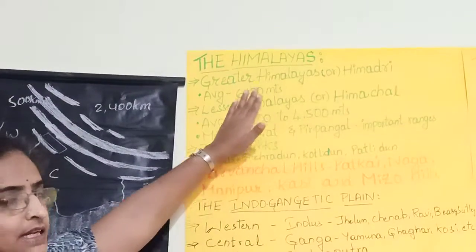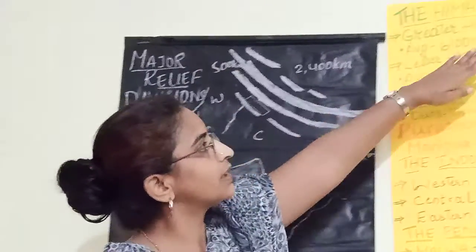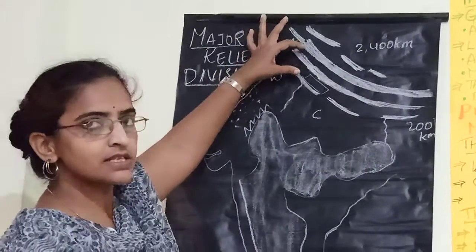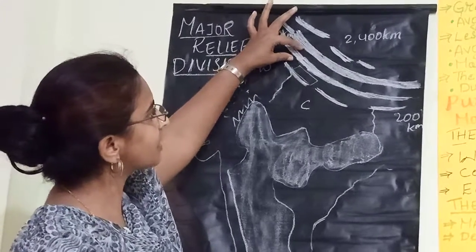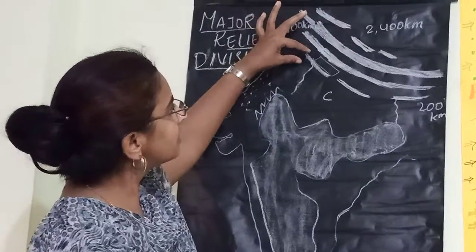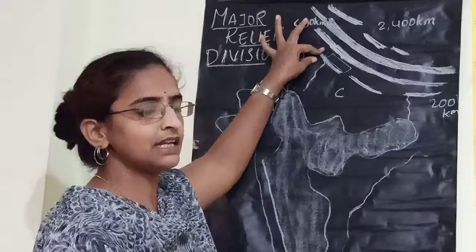These Greater Himalayas are also called Himadri. The second division of Himalayas is the Lesser Himalayas, otherwise called Himachal. And the third division is the Shivaliks, which are very low in height.